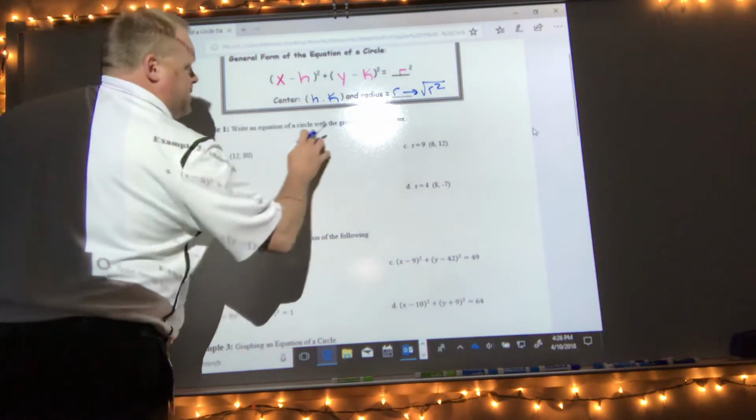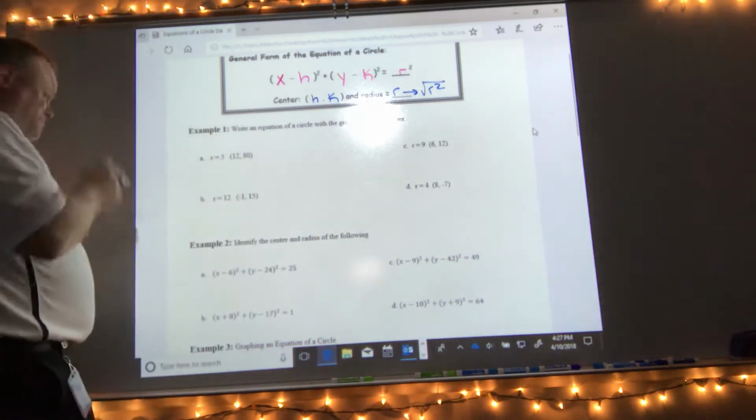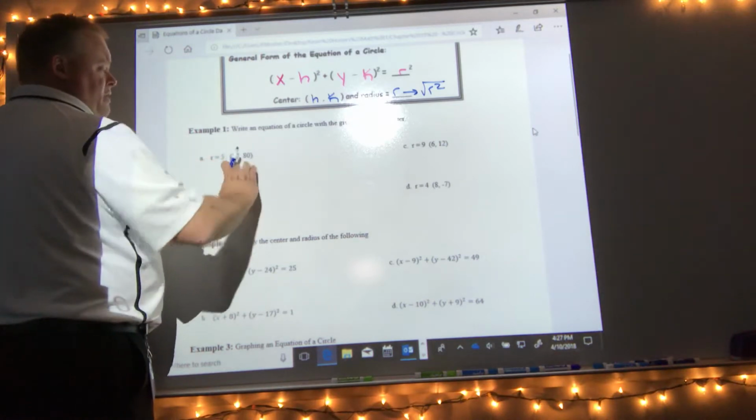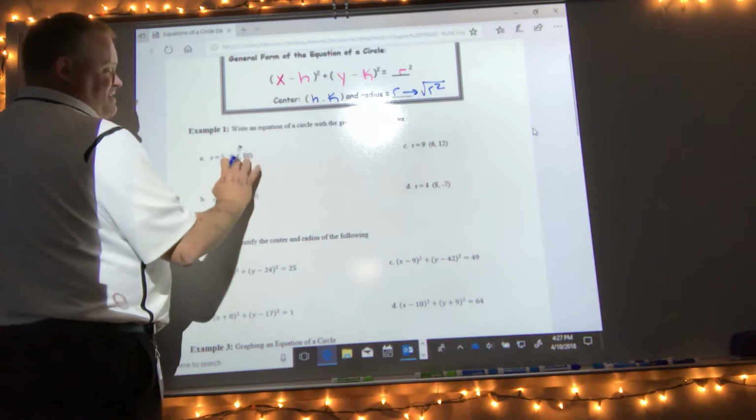Example 1 says, write an equation of a circle with the given radius and center. I'm given radius equals 5 with the point (12, 80). That is my center.